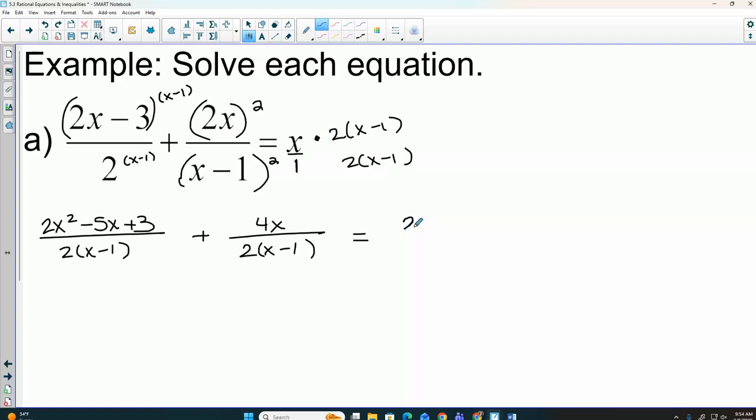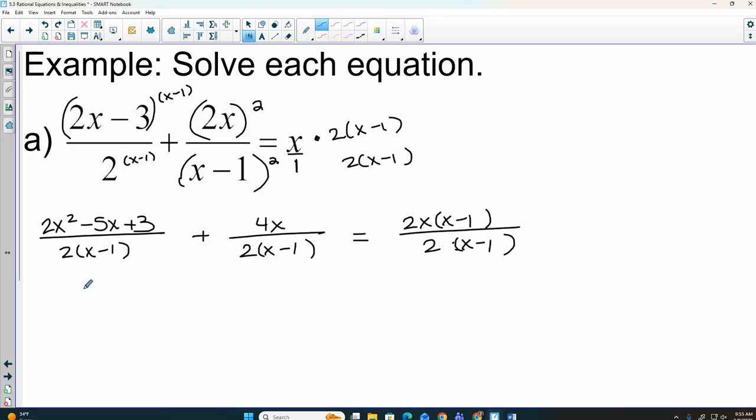This one I get 2x times x minus 1 over 2 times x minus 1. Oops. All right. Not beautiful, but we can work with it.